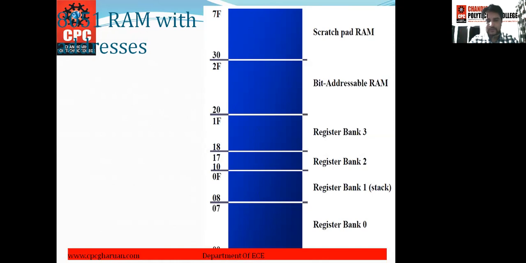From the bottom, 00H to 1FH, all these sections are reserved for register banks, as we have 4 register banks in 8051, that is bank 0, bank 1, bank 2, and bank 3. Next is the range 20H to 2FH, that is the bit addressable RAM. Next is the scratch pad, that is the read and write area, that ranges from 30H to 7FH.